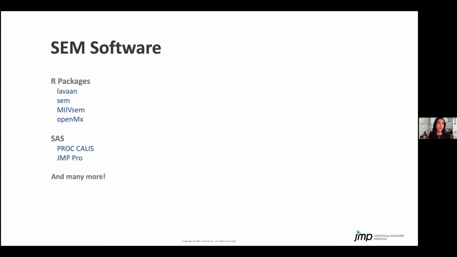And since version 15 of JMP Pro, that's when we introduced a brand new SEM platform to our software to estimate structural equation models. And the nice thing about JMP Pro is that we're able to estimate our models and specify them directly by using the path diagrams, which I think is very intuitive.